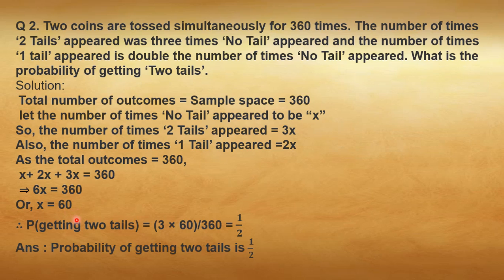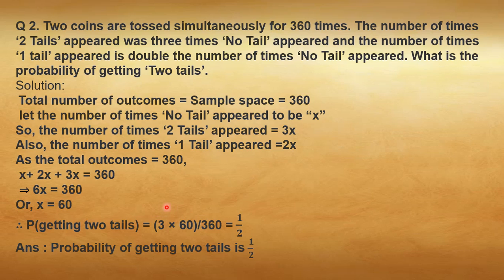Now the number of times of getting 2 tails is 3 times the number of times no tail appears, correct? So 2 tails is 3 into 60, and this is divided by 360, the total number of outcomes.